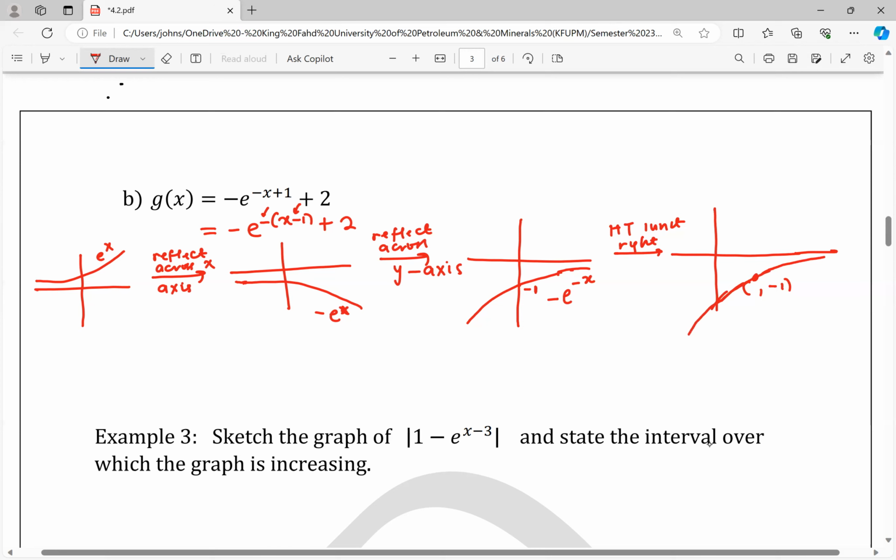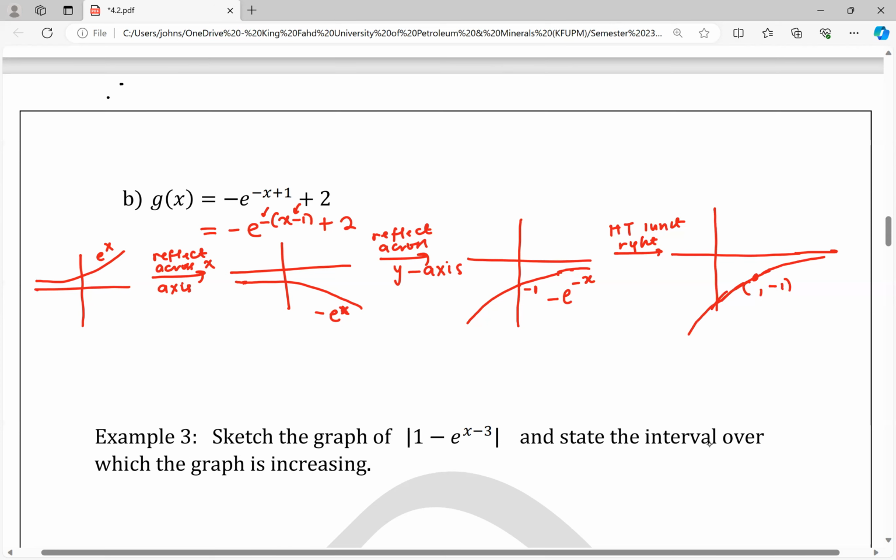All right, so what is the last thing to do? We need to go +2, right? So +2 means you have to do vertical translation, 2 units upward. So if we do that, we will end up having something like this.